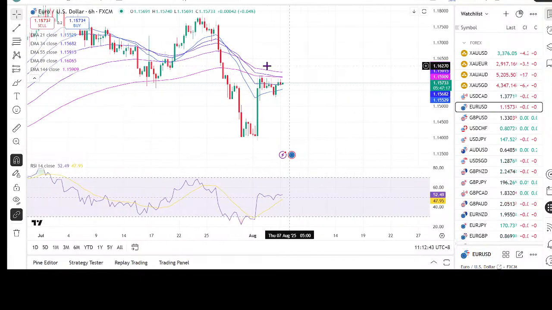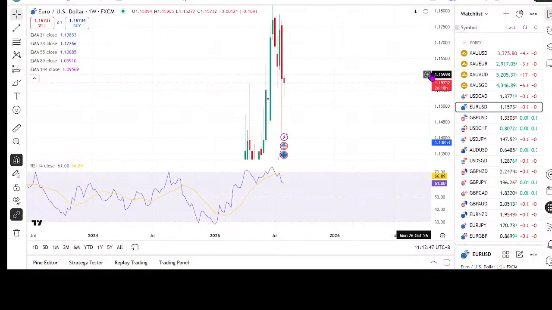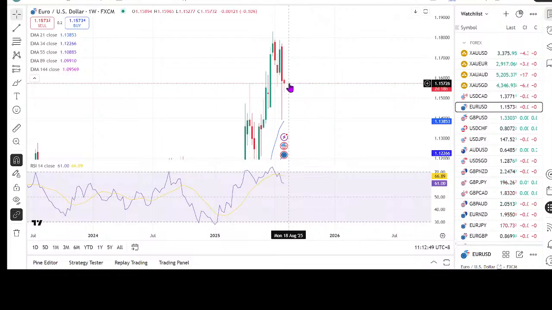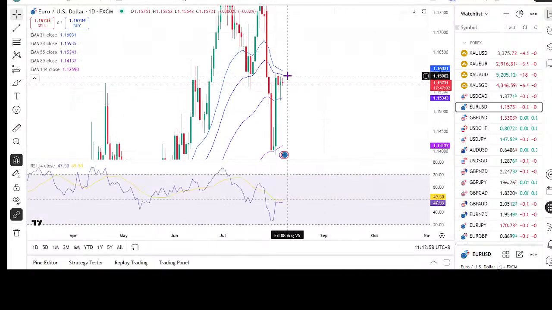So the euro, what the picture is giving us on the weekly is a bit low, and this is trading below the weekly open, which means there is a probability that a weekly high is seen. But of course, we have to see the low break, then only we can confirm that that is the high.